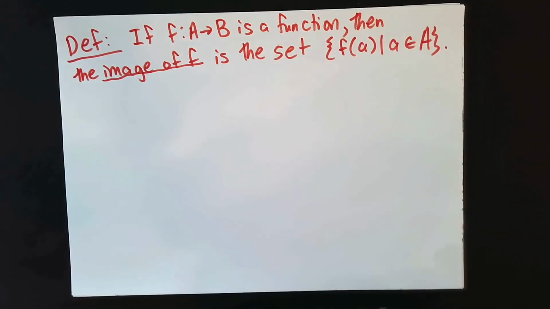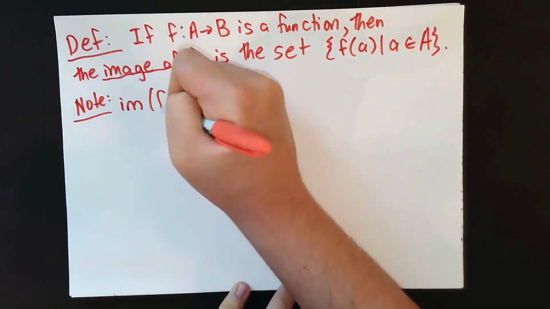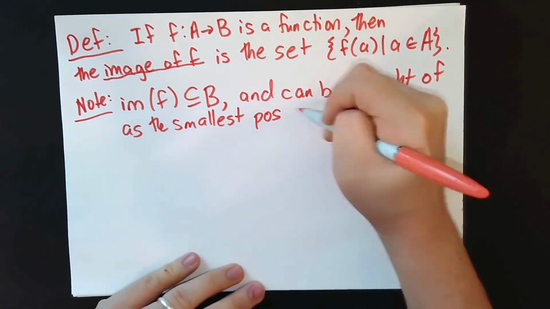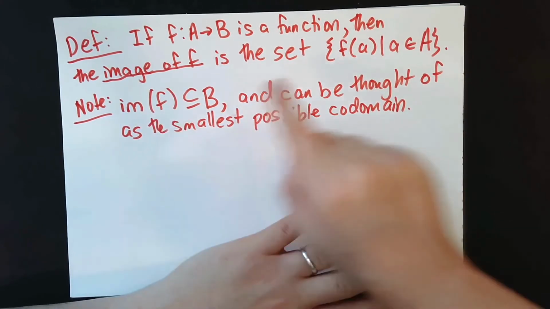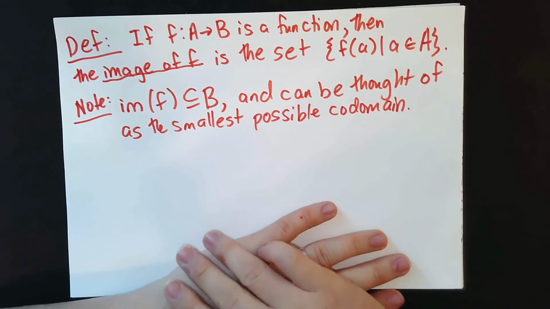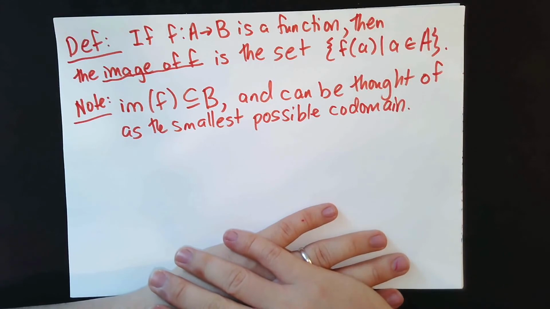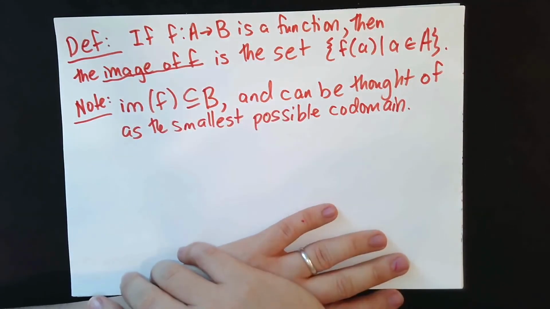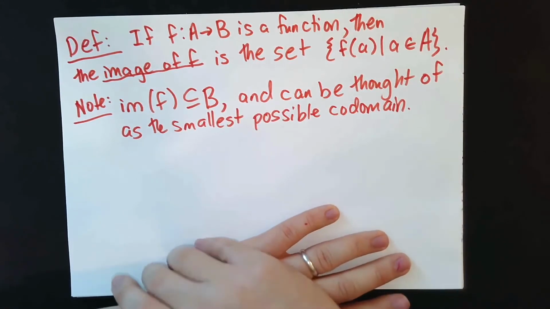In particular, note that by the definition of function, the image of f is always a subset of B. Note, this word image here is really describing the concept that in calculus we would have called the range of a function. Namely, the range of a function was all the possible outputs. And so the image now is just a word for all the possible outputs given a particular input set.